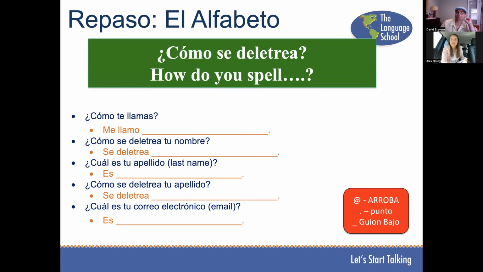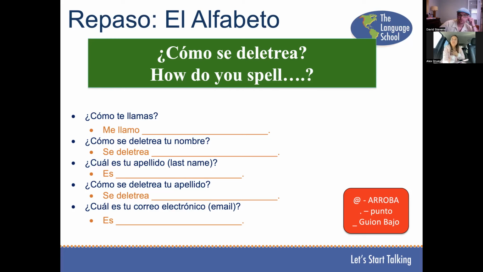I'm asking you, how do you spell your name, Alex? ¿Cómo se deletrea tu nombre? Nombre, oh, name. Nombre is name, not número. Número is number. Se deletrea A, L, E, and X. Muy bien.